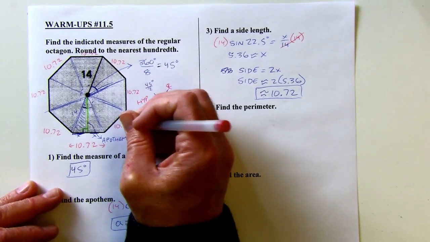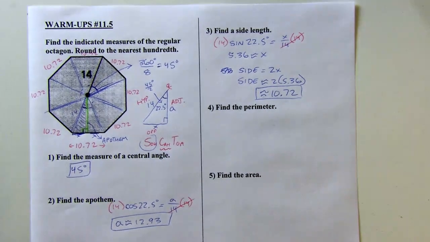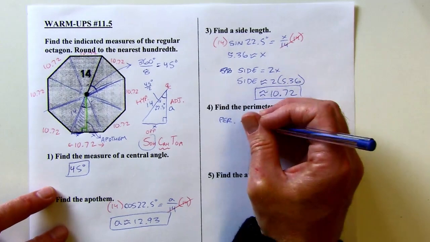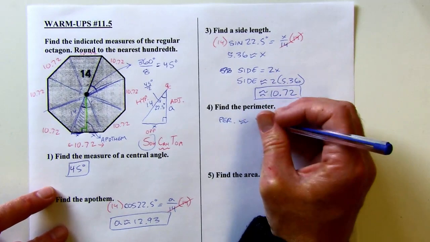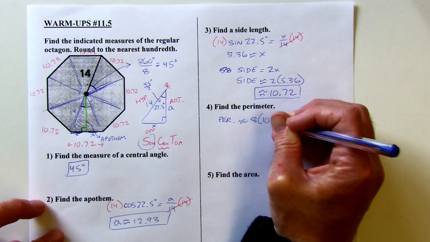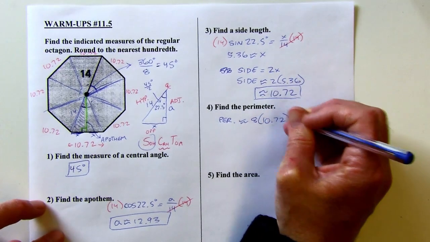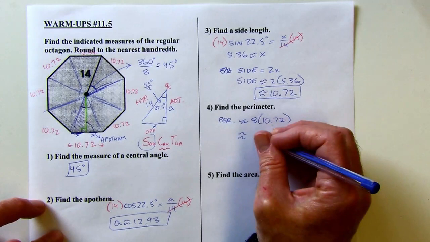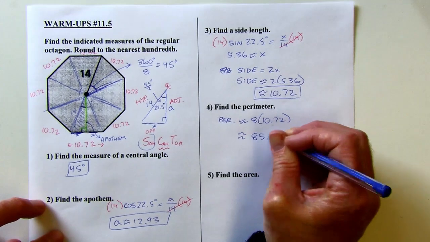So I've got 8 sides, 8 10.72s to add up to find the perimeter. So rather than adding, I'm going to do 8 times 10.72. And I'm saying about because the 10.72 is rounded, right? So this is about 85.72 then.